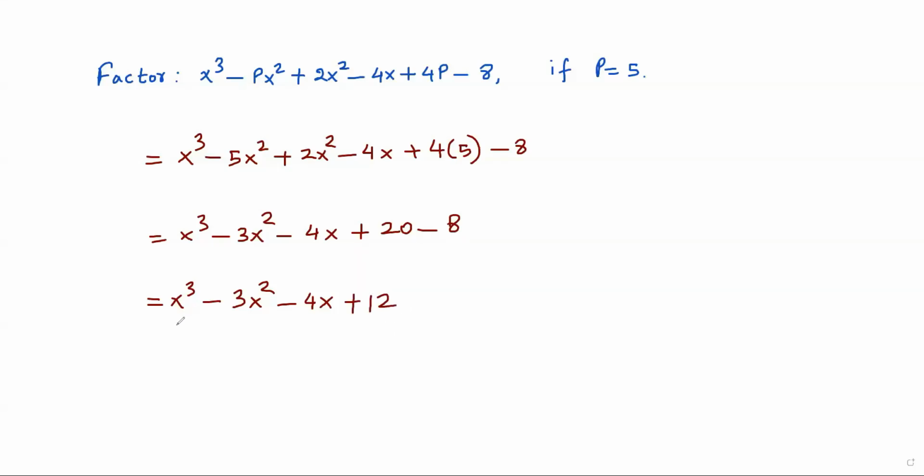We can factor this cubic polynomial by grouping. We consider the first two terms as one group and the next two terms as another group. What can be factored from the first two terms? Consider the greatest common divisor for x³ and 3x², which is just x². So x² can be factored out.